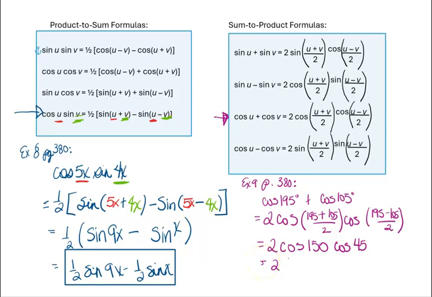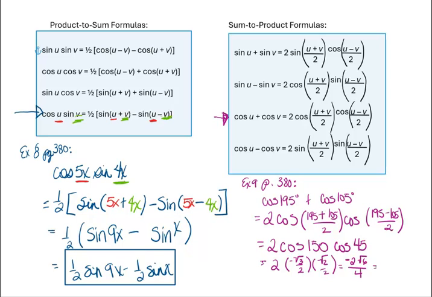So the cosine of 150 is negative square root of 3 over 2, and the cosine of 45 is the square root of 2 over 2. So when I multiply this out and simplify it, I'm going to get 2 times negative square root of 3 times square root of 2, so that's going to give me negative 2 times the square root of 6 over 4.